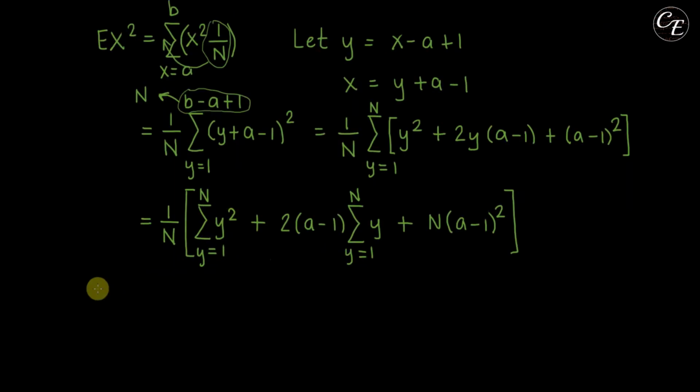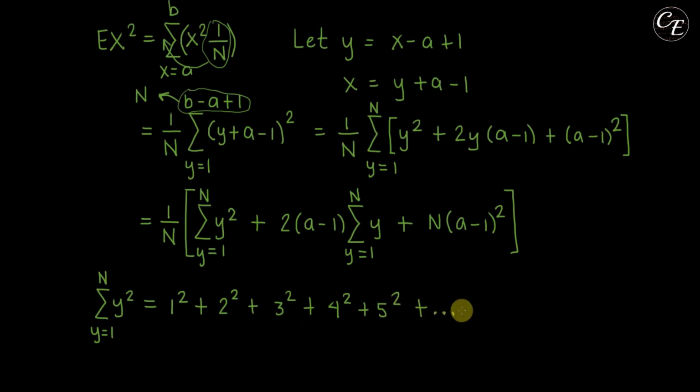Then for this summation, this is equal to, when y is equal to 1 we have 1 squared, then plus when y is equal to 2 we have 2 squared, then plus when y is equal to 3 we have 3 squared, and then plus 4 squared, 5 squared, etc., until when y is equal to n we have n squared.